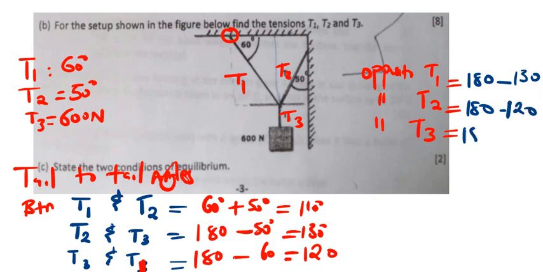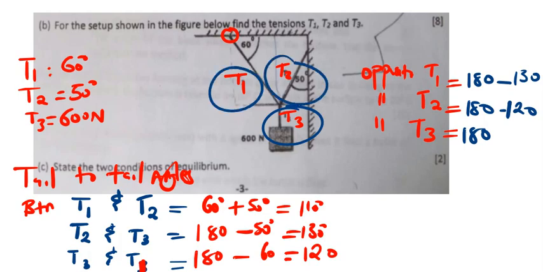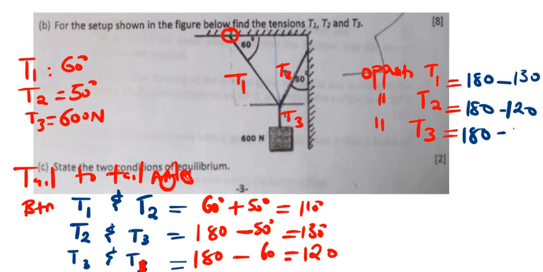Then for the last one, 180, for T3, opposite to T3 we have T1 and T2. What did T1 and T2 give us? They gave us a 110. Basically this is what we have. Now for T1, in this case the opposites, 180 minus 130, that gives me 50 degrees. For T2, what am I going to have?